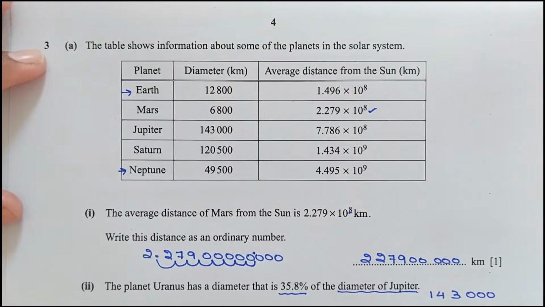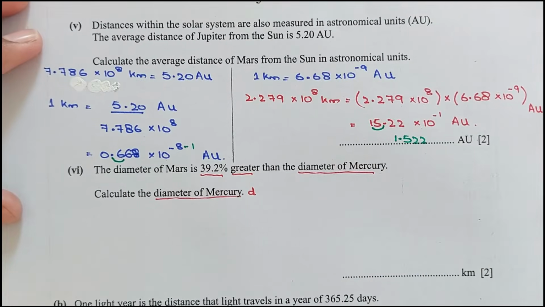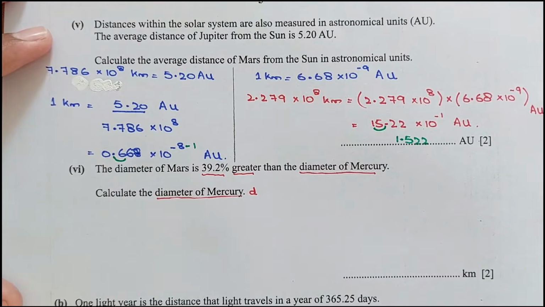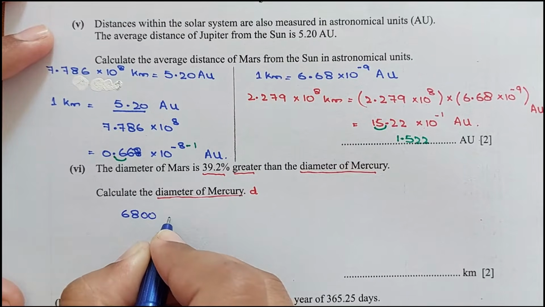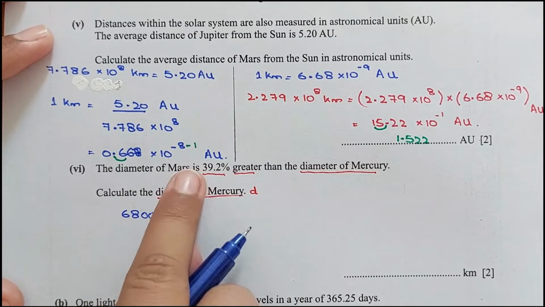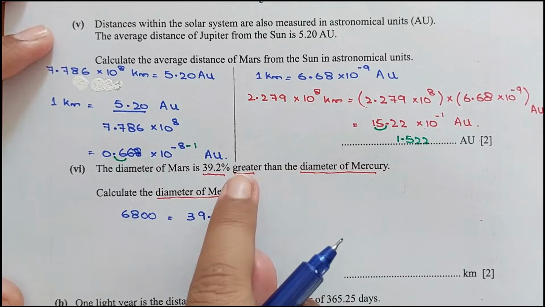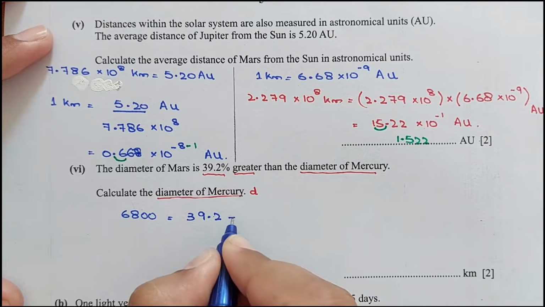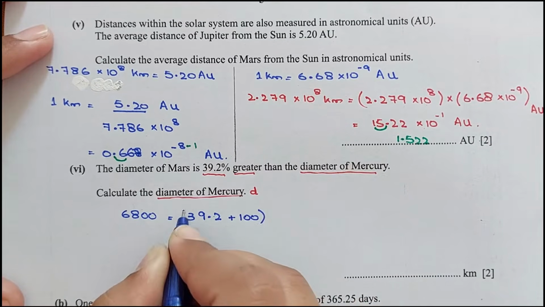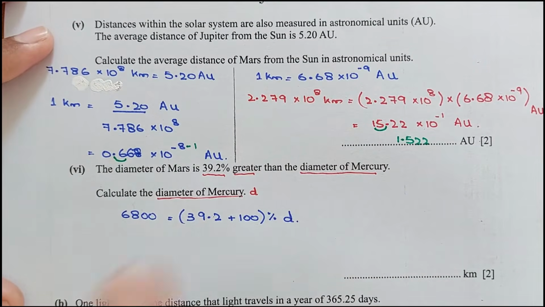So what we have given, the diameter of Mars is 6,800 kilometers. 39.2% greater means we have to add 100% of the diameter of Mercury, which is D. Let me repeat it.